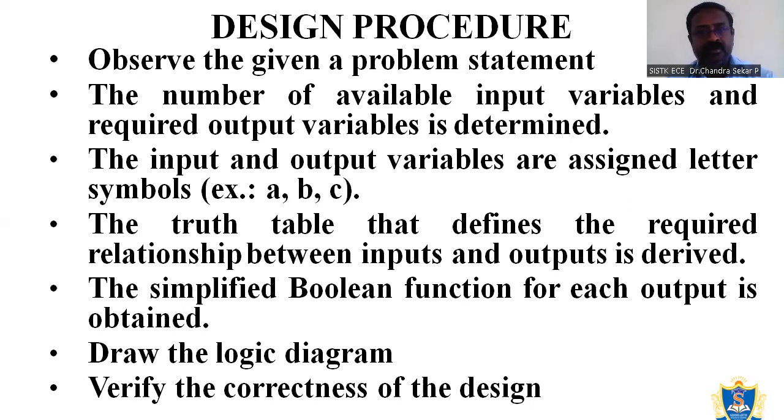Next, from the truth table, the Boolean function is simplified by using the K-map method, and the output function will be obtained. That is, the simplified Boolean function of each output is obtained by using the K-map simplification method.